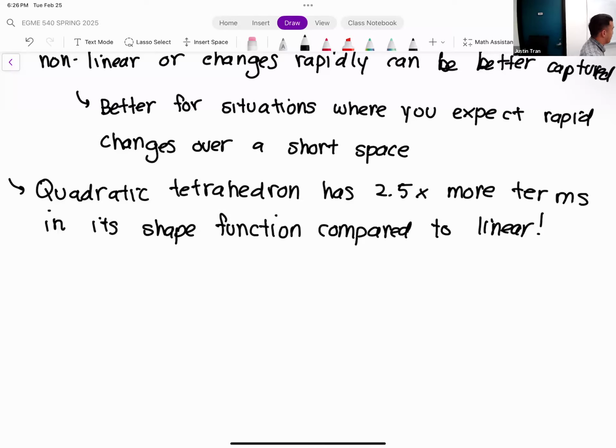So that's pretty significant. It's going to take 2.5 times more memory and 2.5 times more computing time to get the solution, and that's not trivial.